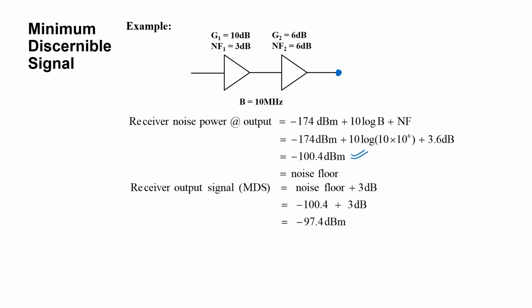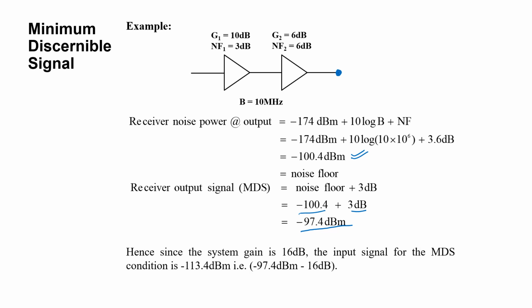So the receiver output signal for calculation of MDS is equal to the noise floor plus 3 dB. Our actual noise floor is -100.4, so plus 3 dB means if we have a signal of -97.4 dBm, then that's enough for us to receive the signal.